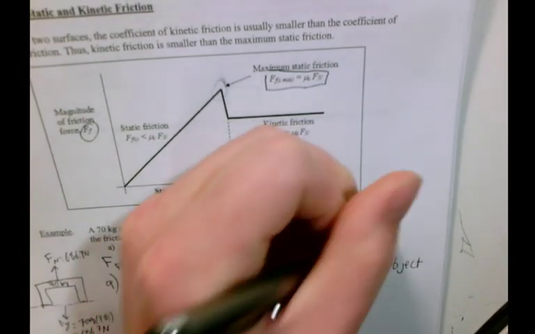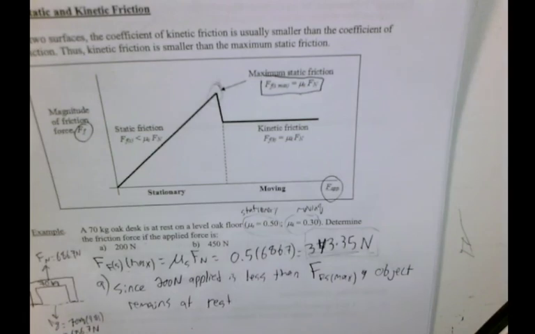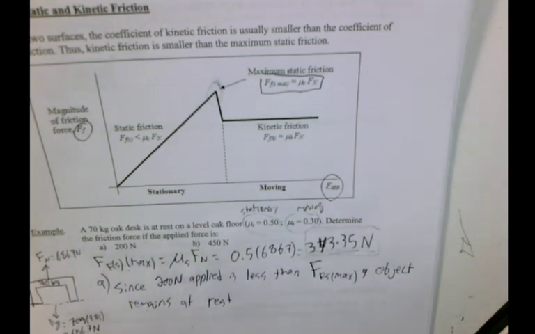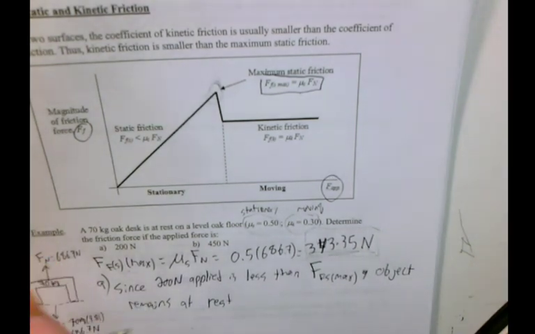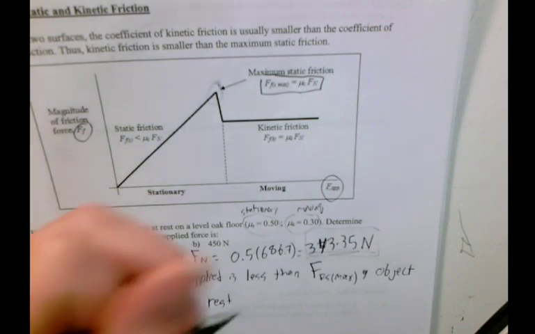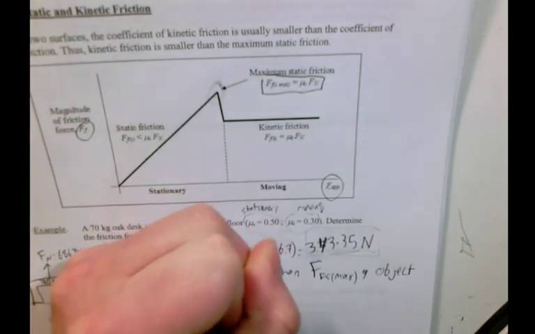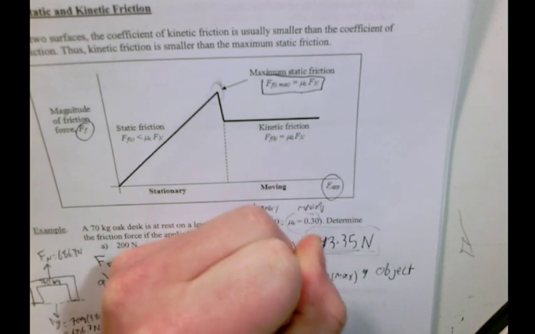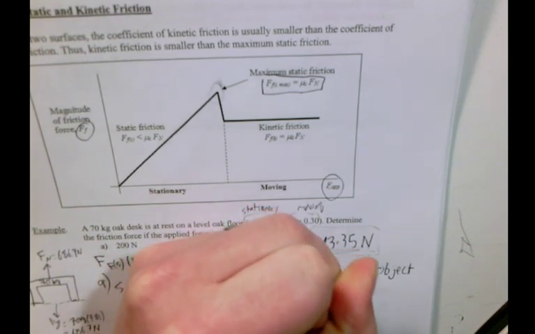Right? So for any question of this type, we know that if we're under our maximum static force of friction, we're now working with this idea that it's not moving, so we're working with Newton's first law.